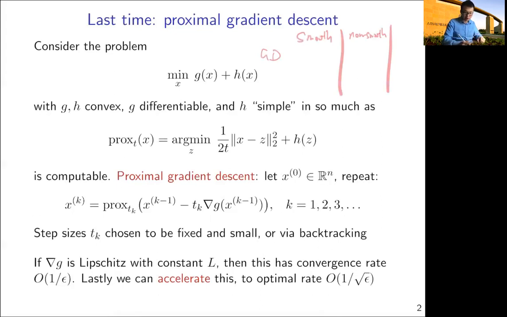For the smooth convex optimization problem, gradient descent can be used to achieve 1/epsilon convergence rate, and the subgradient based method is not applicable here.